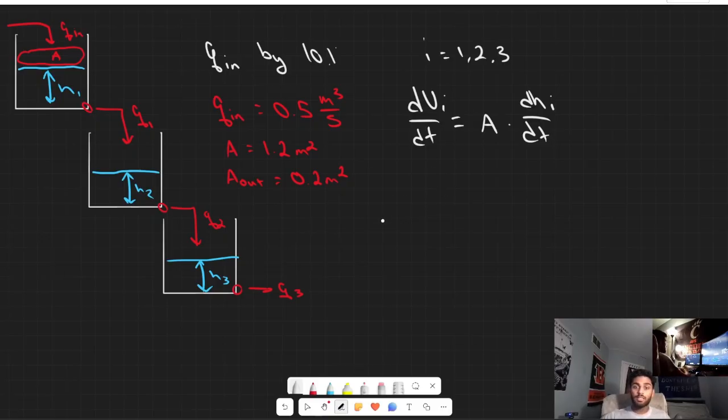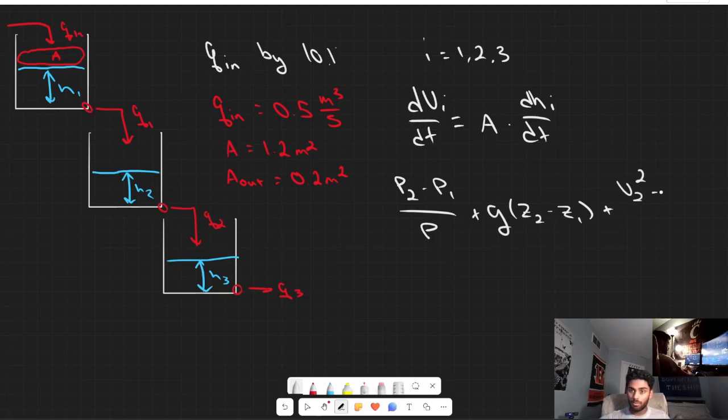And the next thing that we can take a look at in terms of mathematically modeling this is Bernoulli's equation. And Bernoulli's equation looks something like this, over 2 equals 0.